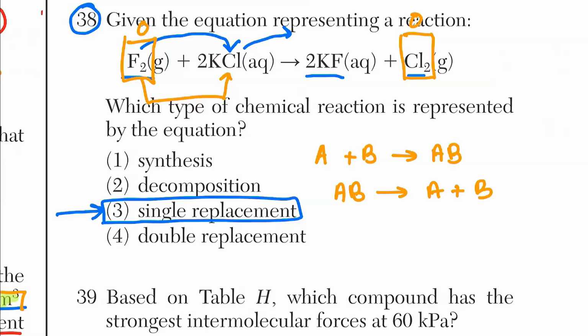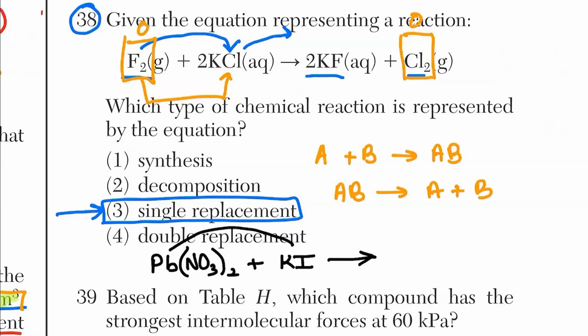A great example, let's just make up one off the top of my head. Let's say I have lead nitrate, Pb, I'll do lead nitrate. Nitrate's a polyatomic ion, plus potassium iodide. And this positive ion would hook up with this negative here.